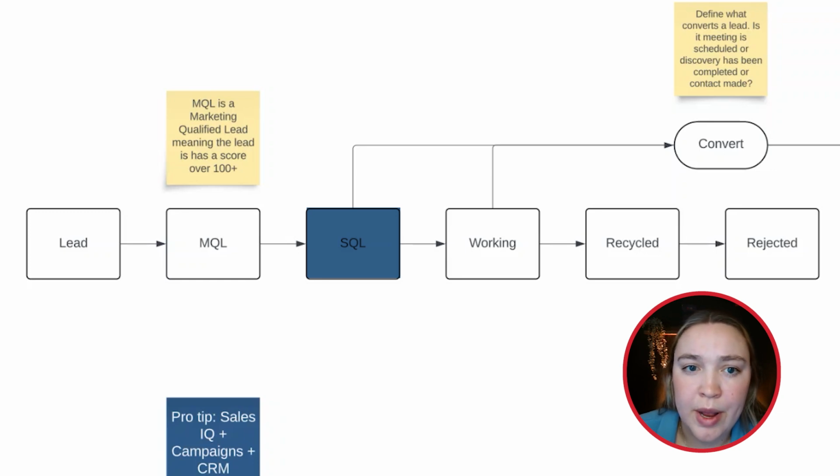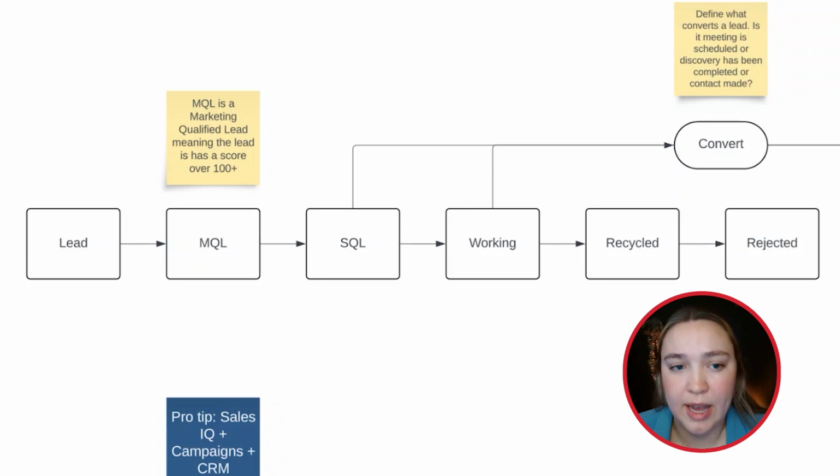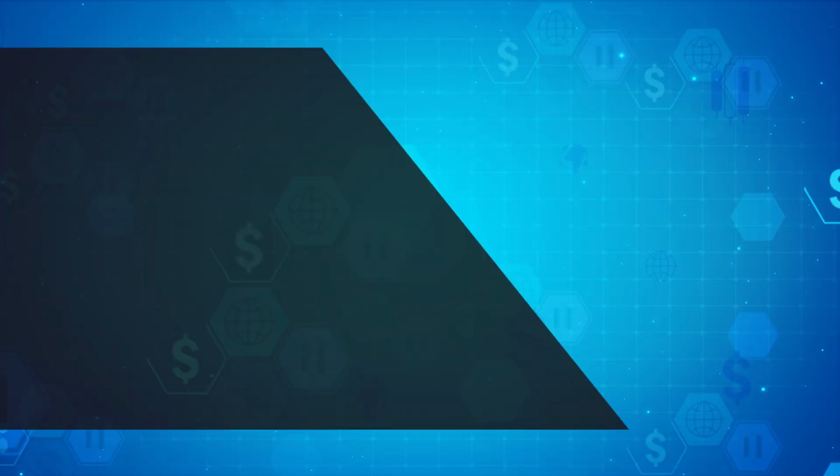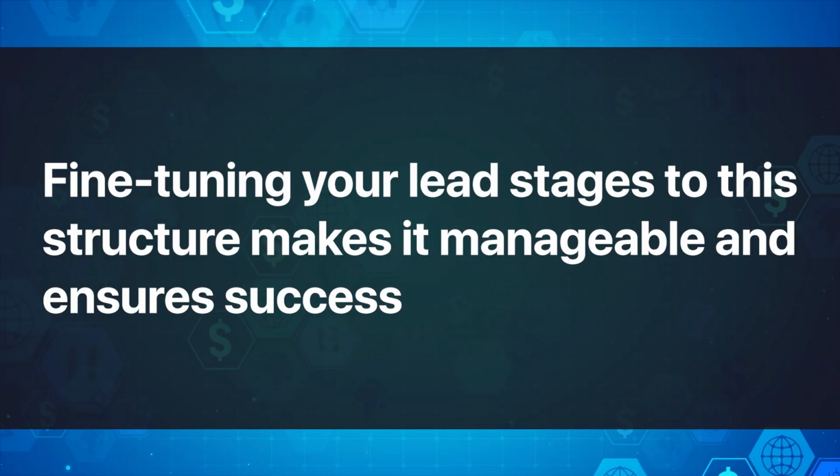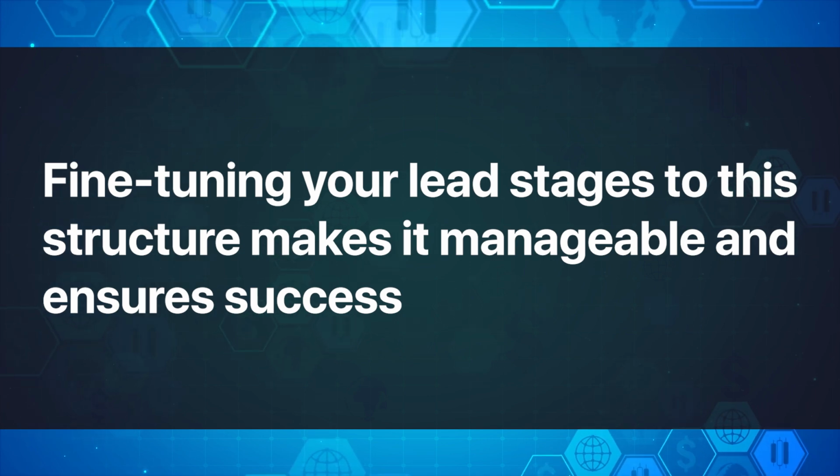It's important that when you set your stages, you understand what each one means. And your whole team has a definition to what's a lead, what's a MQL, what's a SQL, what's being worked, what's being recycled, and what's being rejected. Fine-tuning your lead stages to this structure makes it manageable and ensures success.